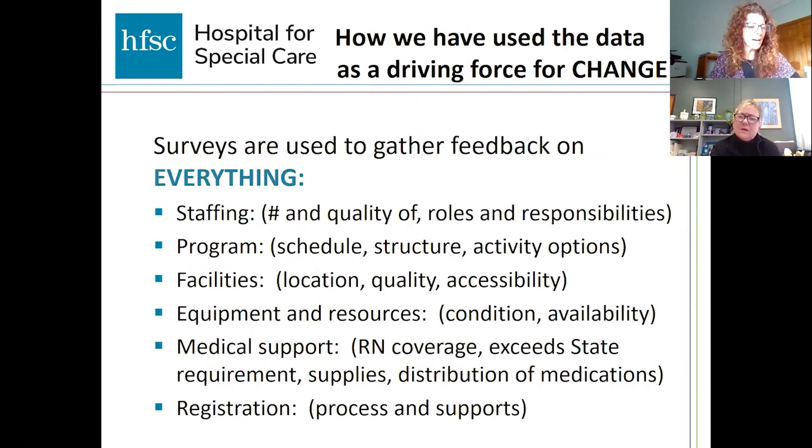Okay, so I think we have like a minute or two to talk about how we have used this data to drive change. Yeah, we use the data to really bring about change in every aspect of camp, whether it's staffing and what our needs are. You heard me say earlier that we utilize certified nursing assistants.